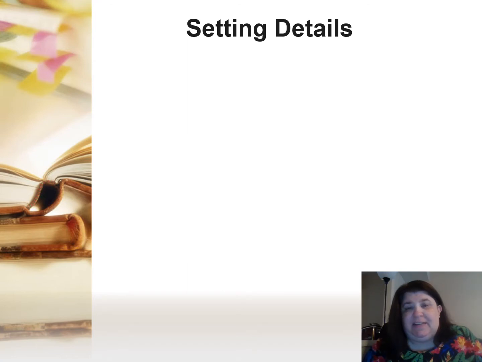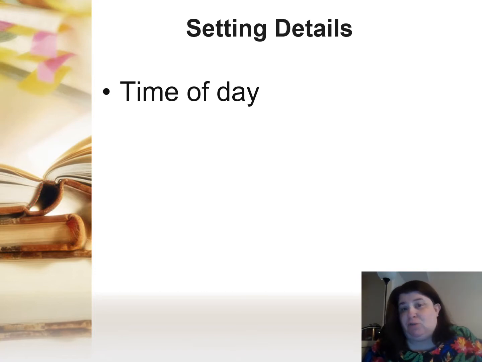Let's look at just some of the details about setting. One, we're going to see the time of day that a story takes place. Now, in a story, the time of day can change from chapter to chapter, even within a chapter. You can break a body of work apart by the chapters, because the time of day is going to change for the setting.